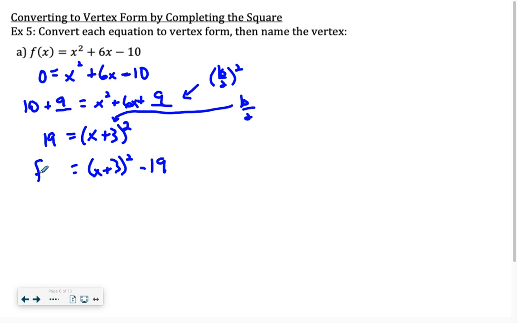So this is the vertex form of this parabola. Now we can easily see that the vertex is the point (-3, -19). So we're just completing the square to find the vertex.